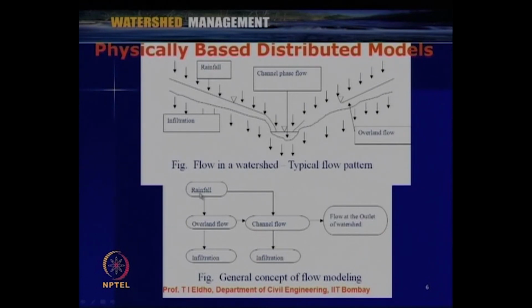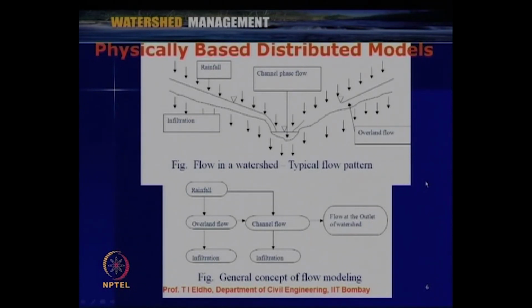We start with the rainfall, then the overland flow component we can simulate, then infiltration we can consider, then the channel flow, and then the flow at the outlet of the watershed or the particular location we are looking for. That way we can develop the model and consider the physically based distributed model.